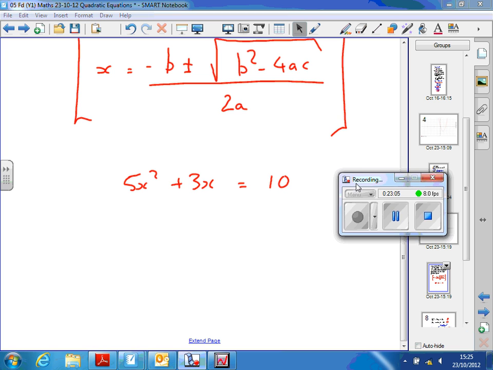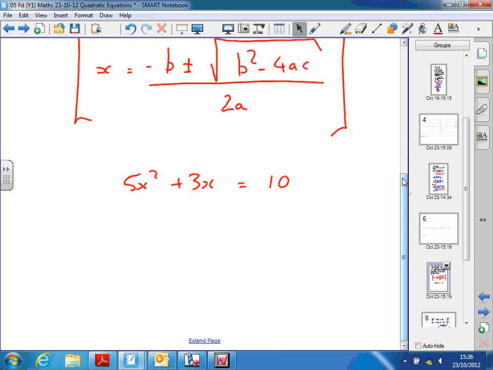Right. Step 1, the right hand side must be 0, so if it's not, you make it 0. 5x squared plus 3x minus 10 equals 0.